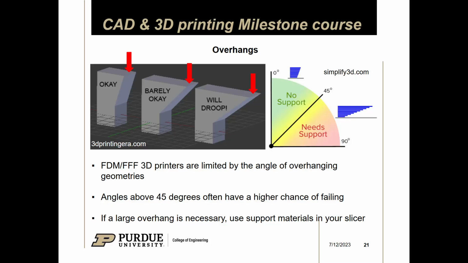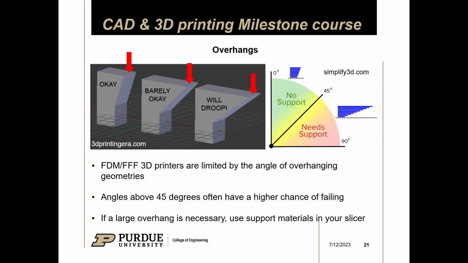So one of the big things that people talk about when it comes to 3D printing are overhangs. Similar to the support that I was talking about earlier, there's a threshold for 3D printed parts where if you cross it, you might need supports, but if you are at the limit, then you may not need supports.